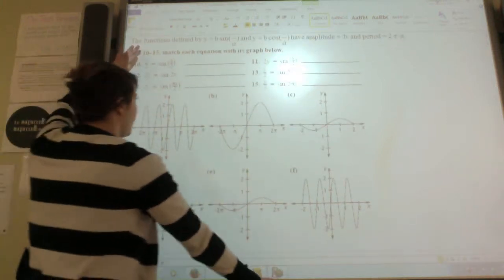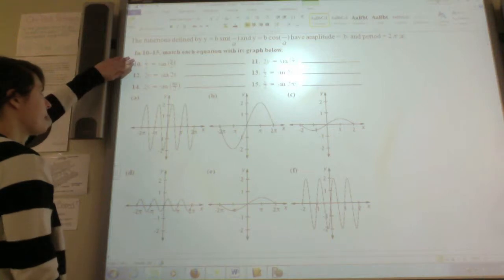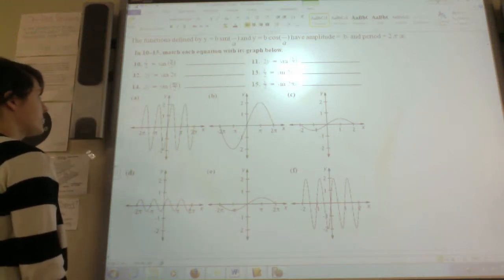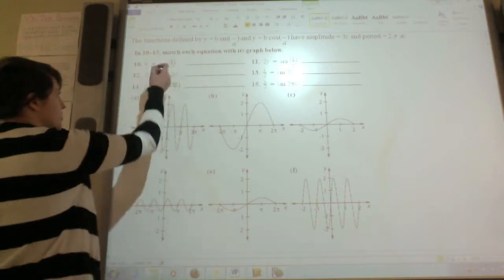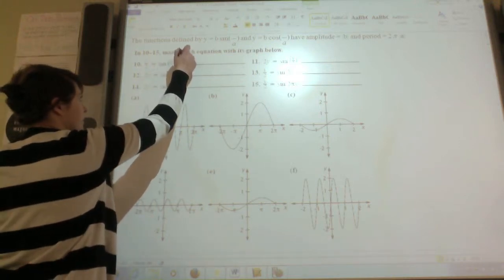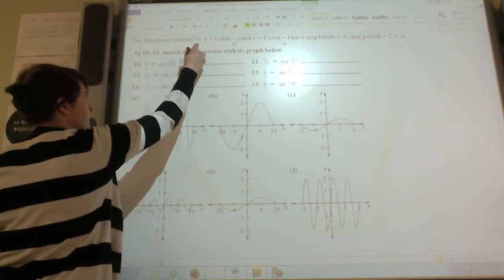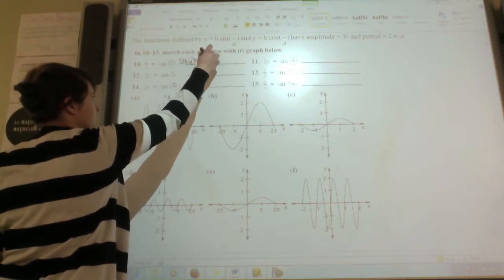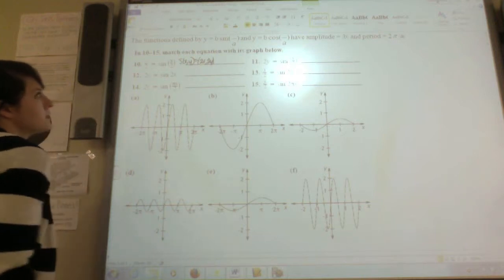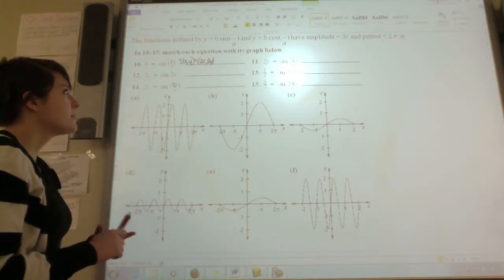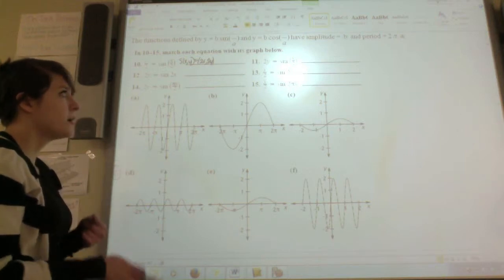Alright, so looking at this function here, y over 2 equals sine of x over 2. If I were to think about that, the scale change would be, let's see, 2 times my x and 2 times my y. So how is that going to affect my period and my amplitude?